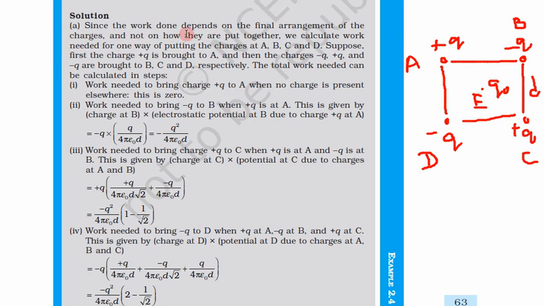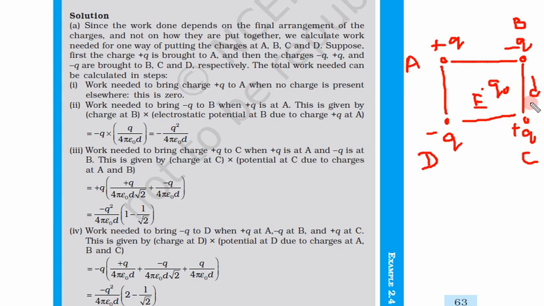Since the work done depends on the final arrangement of the charges and not on how they are put together, we calculate the work needed for one way of putting charges A, B, C, D. What they are trying to say is that work done does not depend on how we put it.